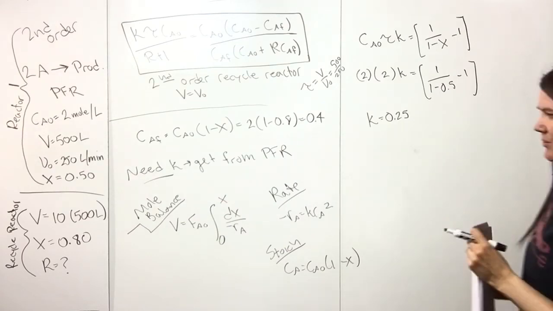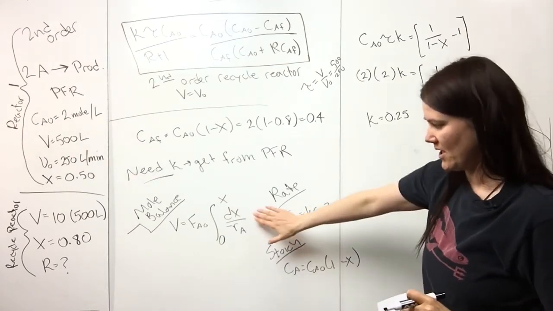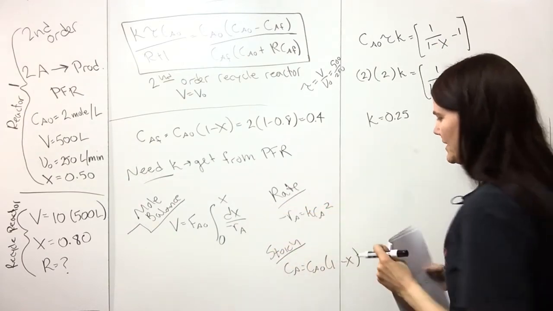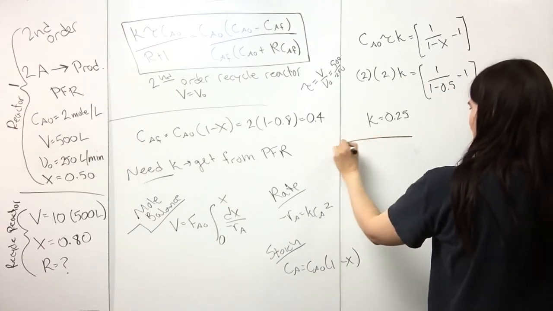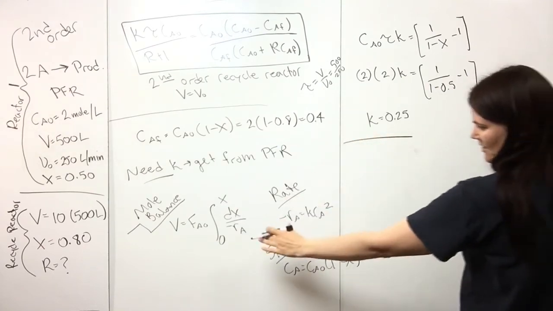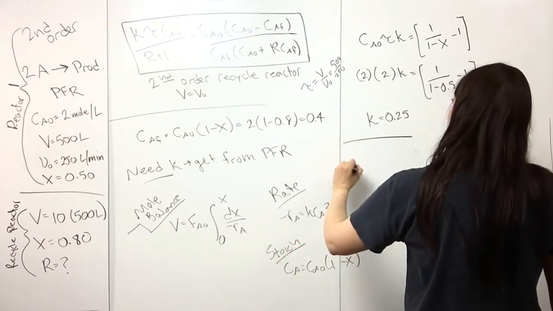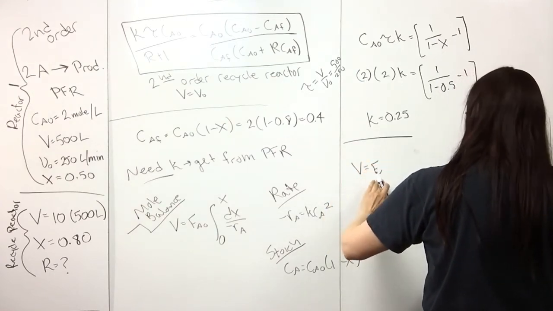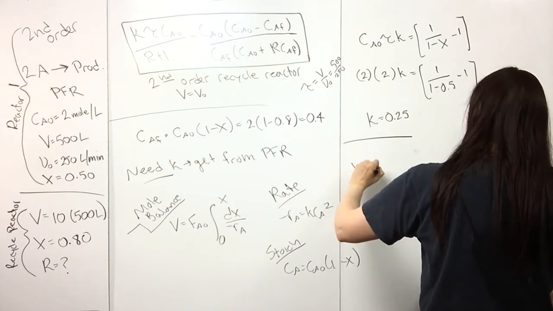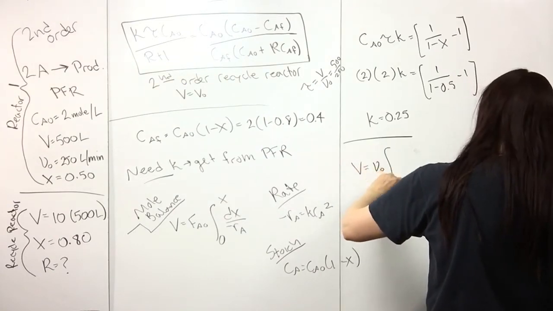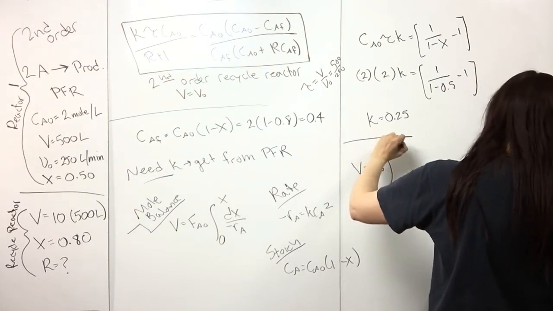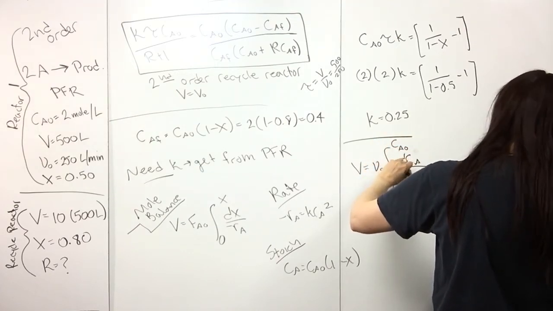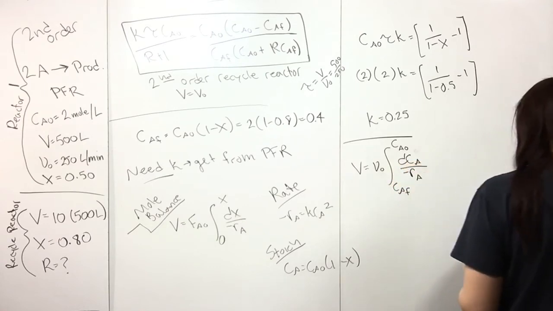And then just real quick, I wanted to show that you could have also gotten this from using the mole balance for concentration. So just going back to the mole balance, you could have also said V is equal to V naught times the integral from CAF to CA naught of dCA over minus RA.